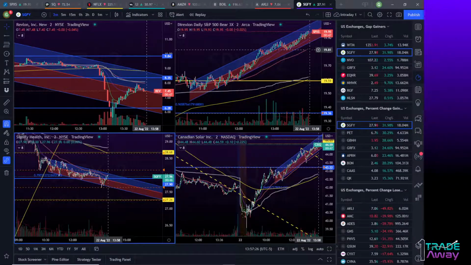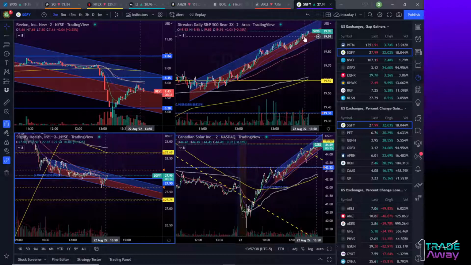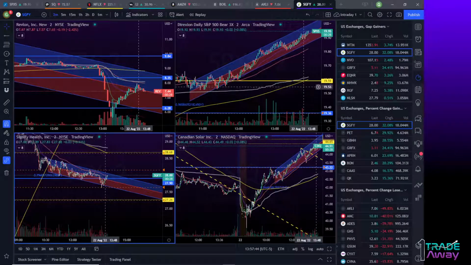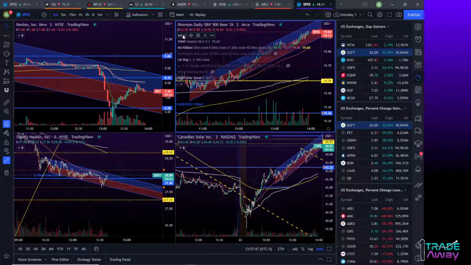Originally, I was using the 10, the 20, and the 50 SMAs, but the EMAs hug the price action a little bit tighter, and I actually like that from an intraday perspective, right? So 8, 21, 55. And then I use this yellow as my 200 MA, so just a standard moving average, right?